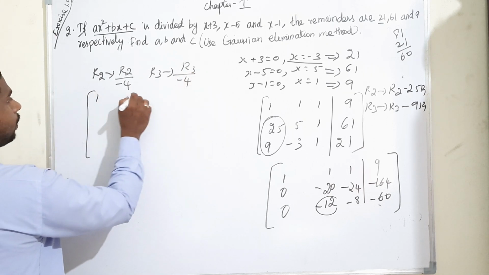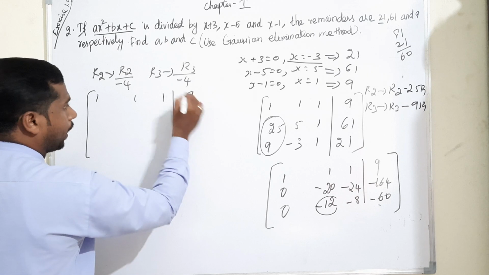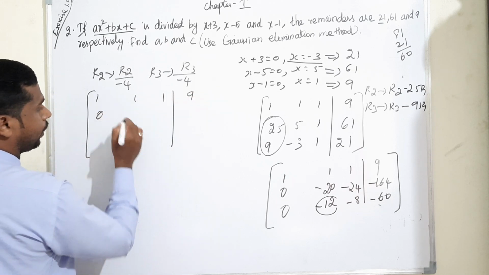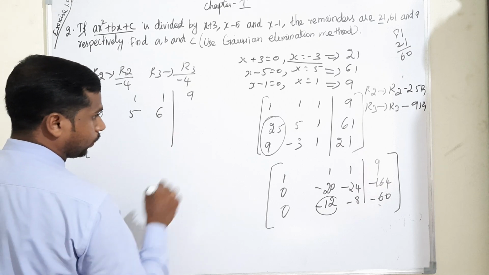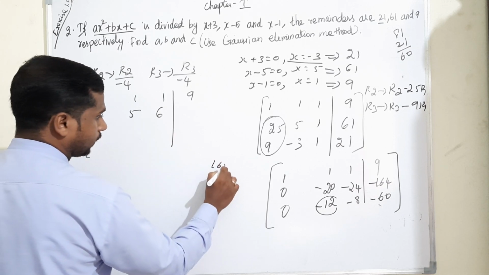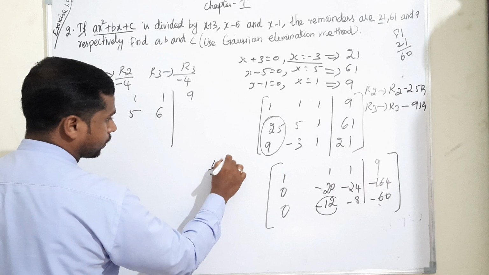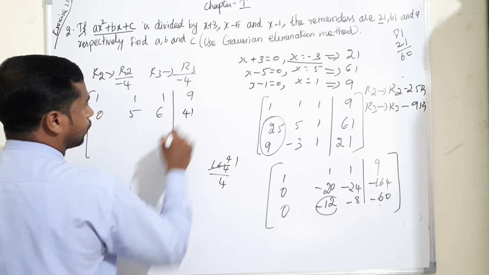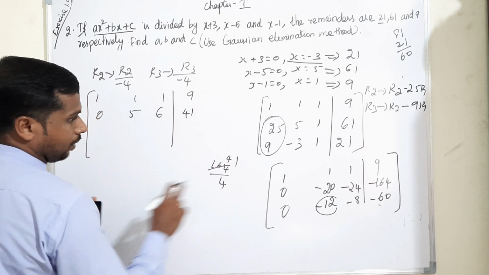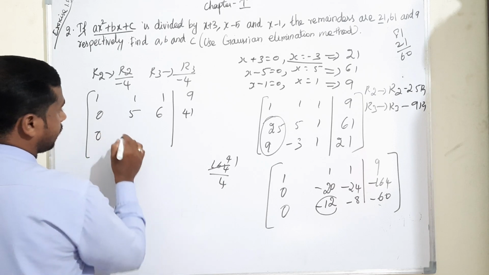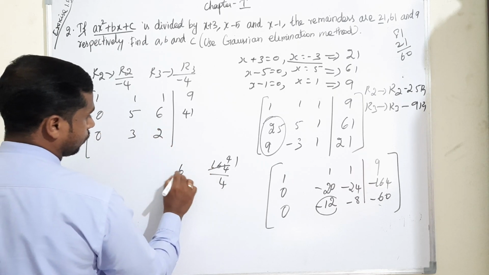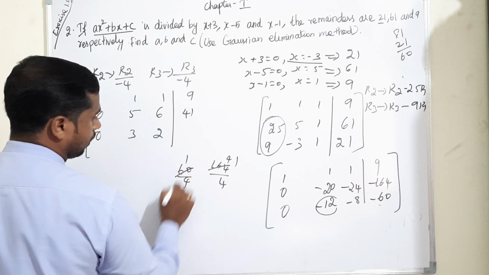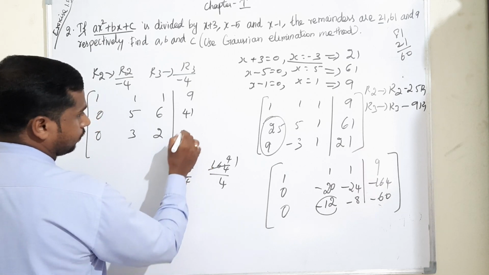R1 as it is, 1 1 1 9. 0, 20 divided by 4 is 5, 24 divided by 4 is 6, and minus 164 divided by 4 is 41. Next, 0, minus 12 divided by 4 is 3, minus 8 divided by 4 is 2, and minus 60 divided by 4 is 15.